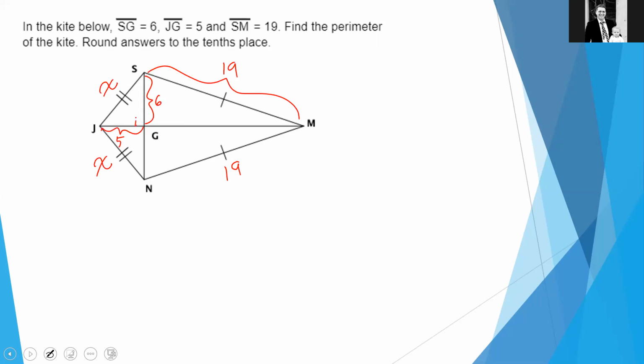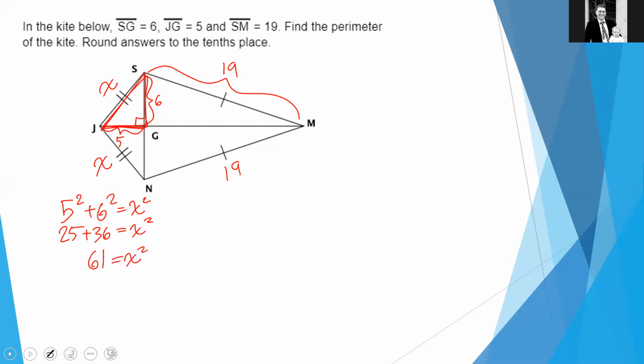Again, I have a right triangle right here. So I'm going to use the Pythagorean theorem. In this case, the x is the hypotenuse, so 5 squared plus 6 squared equals x squared. That'll give me 25 plus 36 equals x squared. 25 plus 36 is 61.